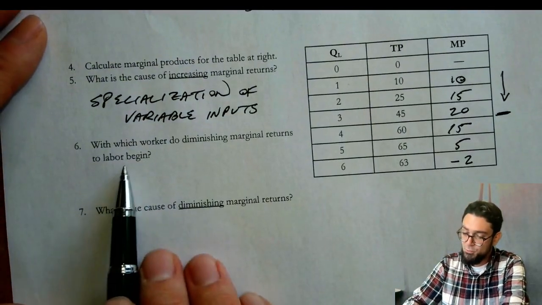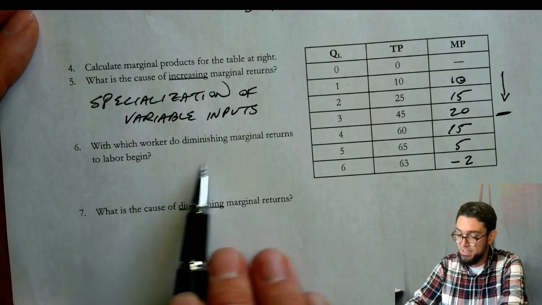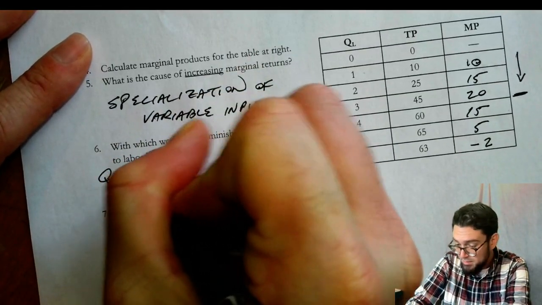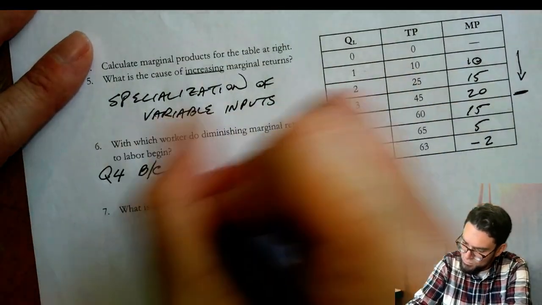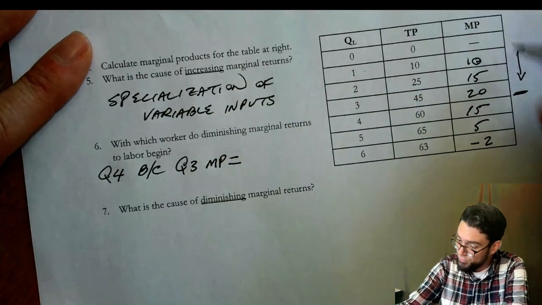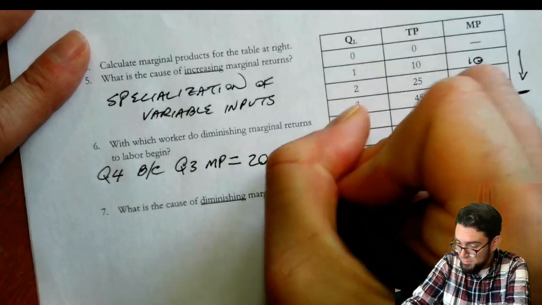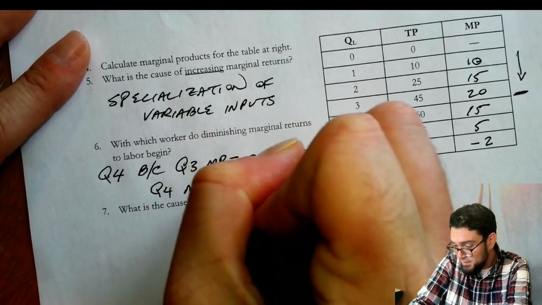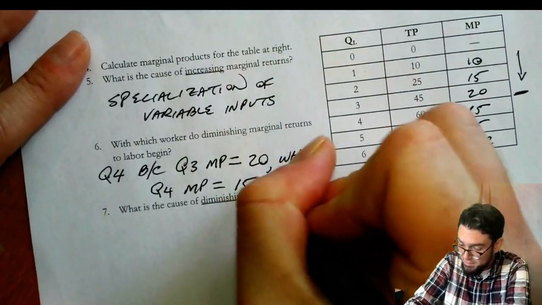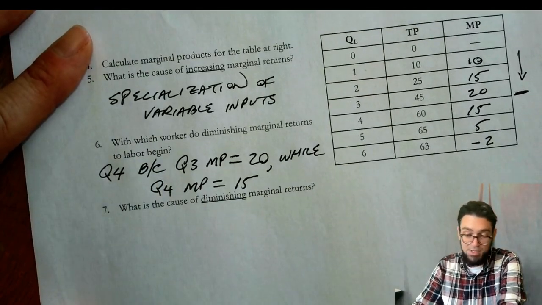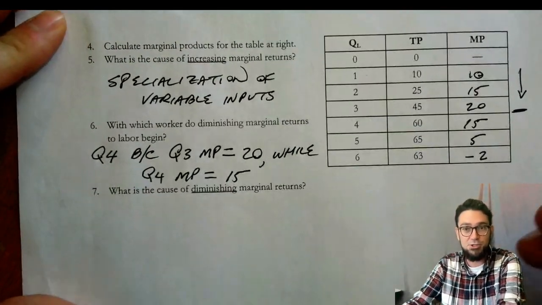Now, over here, with which worker do the diminishing marginal returns to labor begin? We would say that is with worker 4, because Q3 MP is equal to 20, while Q4 MP is equal to 15. And that is where it began to diminish. What's the cause of this diminishing marginal returns?